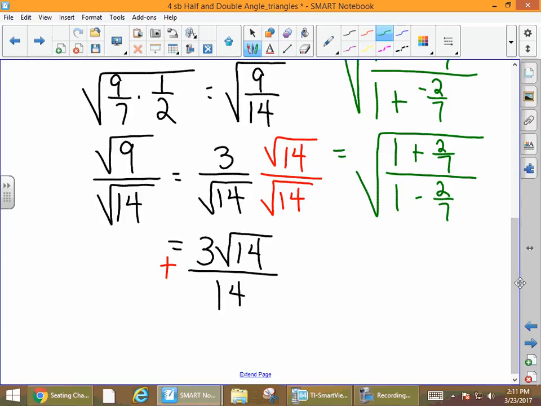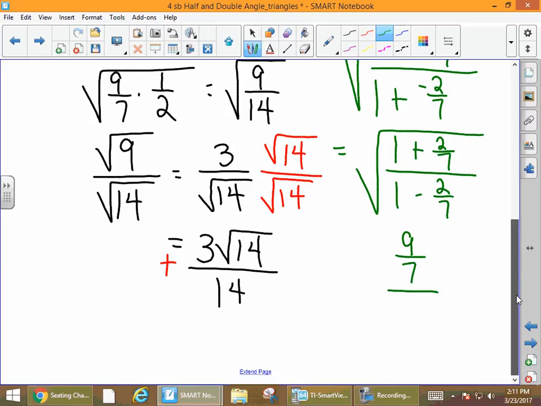Once again, if you need to, type in 1 plus 2/7 in your calculator. But hopefully you end up with 9/7 when you do. And down here, 7/7 minus 2/7 is 5/7. And those values are still underneath the radical.